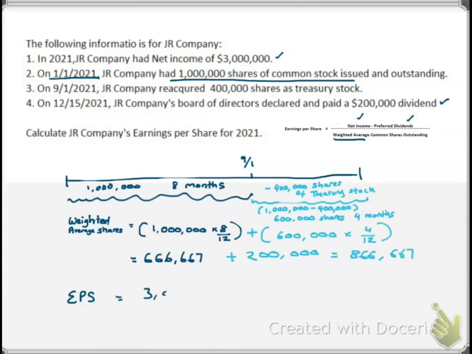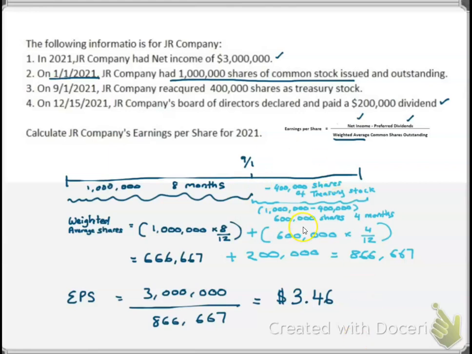Earnings per share is equal to net income, which is 3 million, divided by 866,667, which is the weighted average common shares outstanding, which gives you an earnings per share of $3.46. That's when you round it to 2 decimal places.